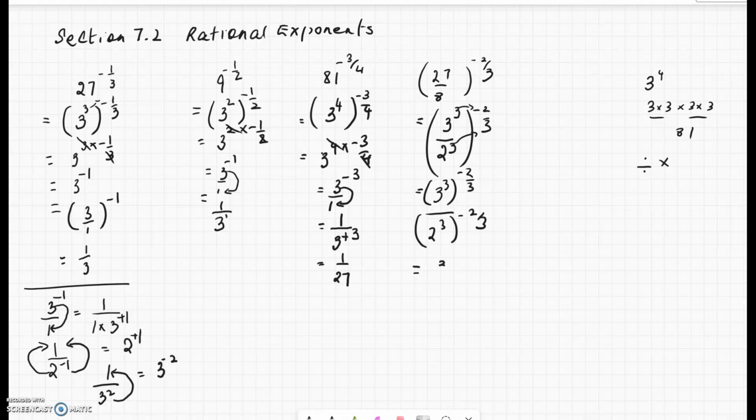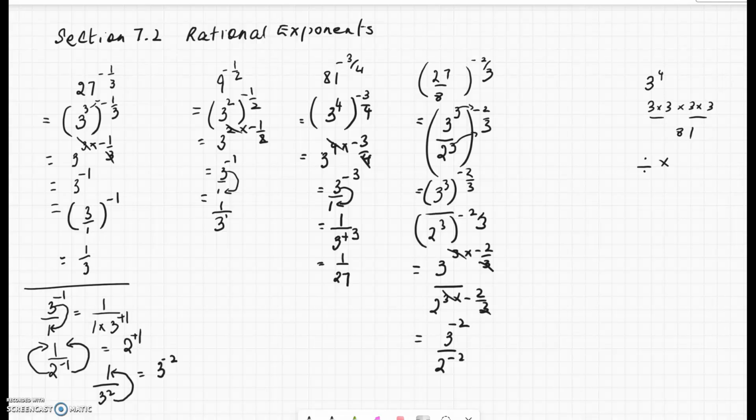So this is equal to 3 to the 3 times negative 2/3 divided by 2 to the 3rd times negative 2/3. Cancel, cancel, and you get 3 to the negative 2 over 2 to the negative 2.